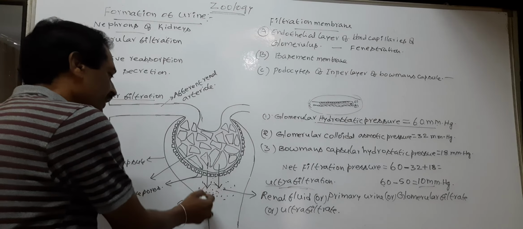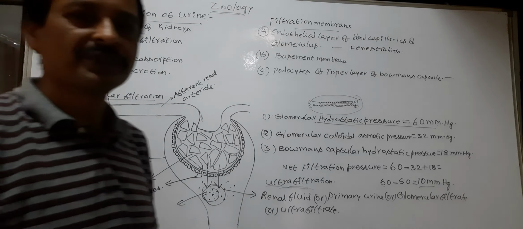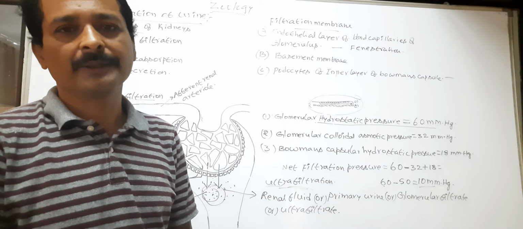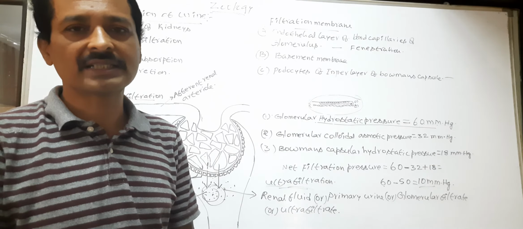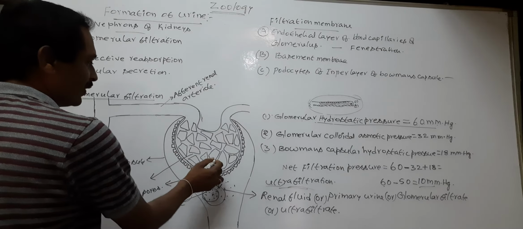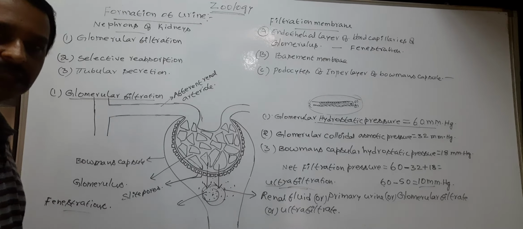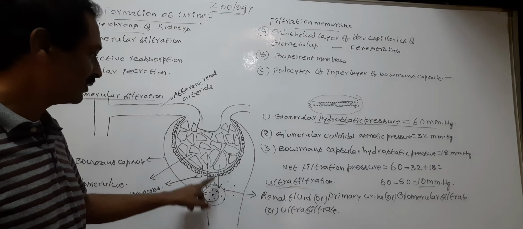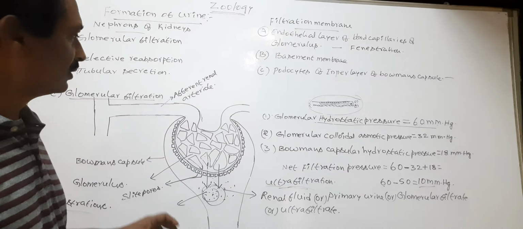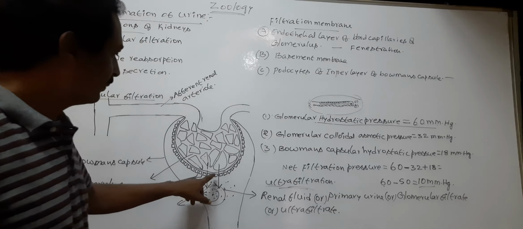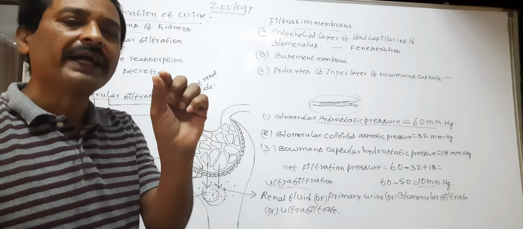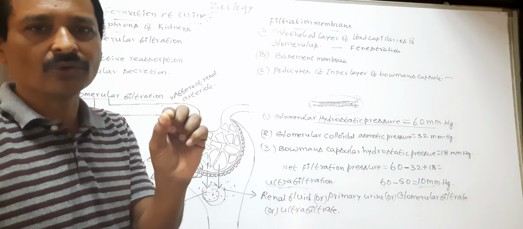The primary urine in the Bowman's capsule contains almost all constituents of the blood plasma except large sized plasma proteins. The large sized plasma proteins of glomerulus do not filter into Bowman's capsule because the filtration membrane possesses micro pores or micro openings.